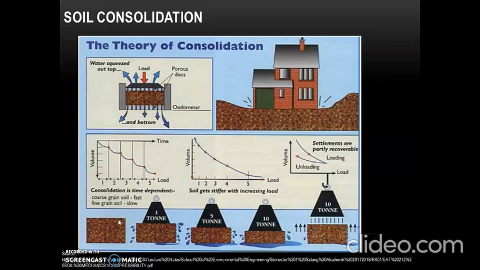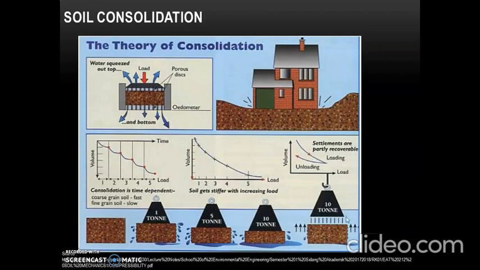That means the volume of the soil mass has reduced from initial to final stage. In this figure, we can see a graph drawn for volume versus load. With the increase in load, the volume of the soil mass has decreased.